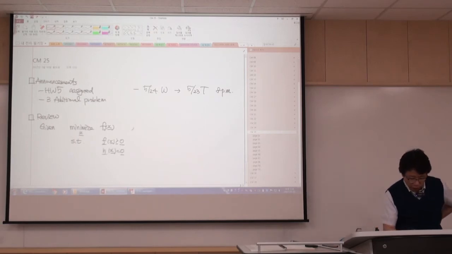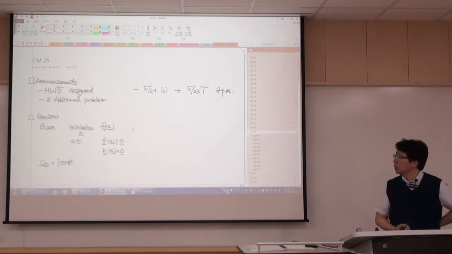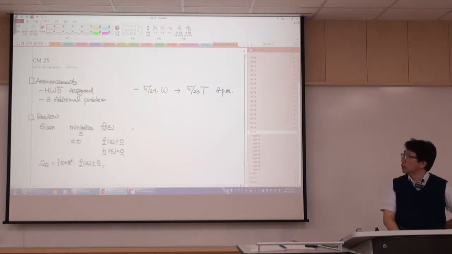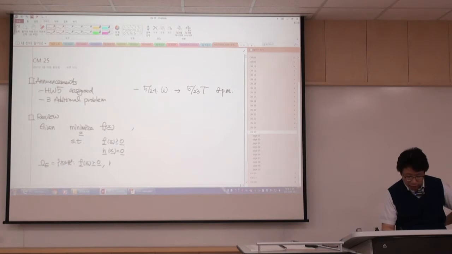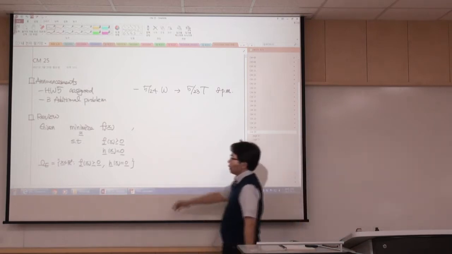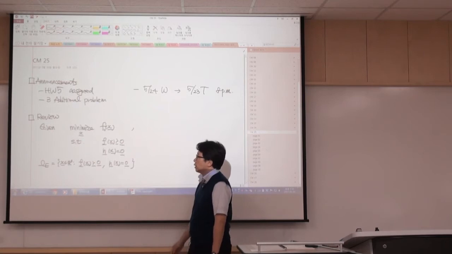So here you can say that the explicit constraint is given by the set of n-dimensional vectors x such that f underscore of x is greater than or equal to 0 vector, which means that each component function of f underscore is greater than or equal to 0, and h underscore of x equals the 0 vector. So this is the explicit constraint set.